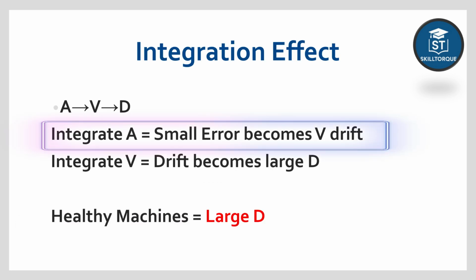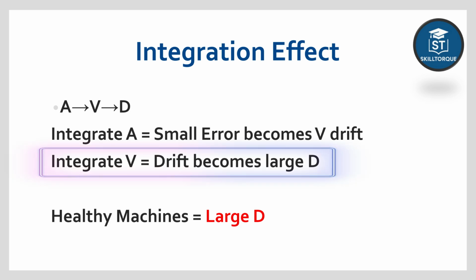So what will happen in the first integration? The small error will become slightly more, a slight velocity drift. Again I integrate it, and now this drift becomes much larger. So whenever we take vibration data using accelerometers, I take the raw data as acceleration, and the first integration makes that small error a drift in the velocity, and after integrating again, if I see the displacement in my analyzer, I will see a very huge value.